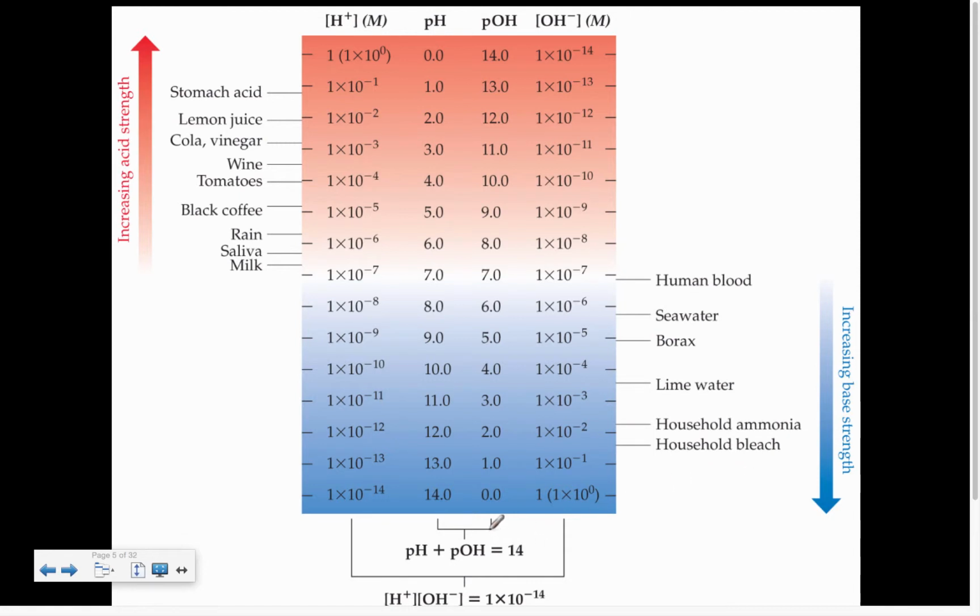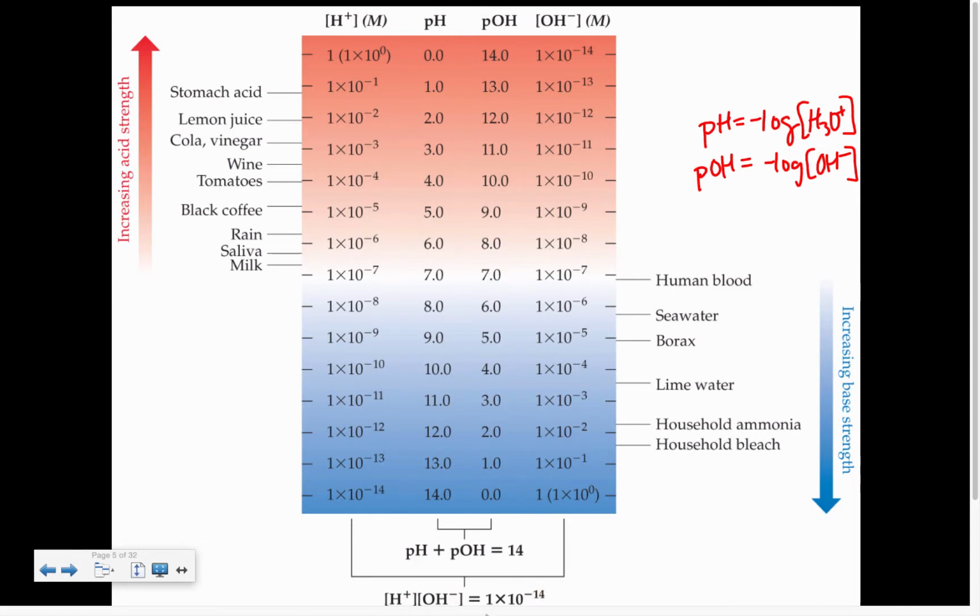Because we know that if pH is equal to the negative log of my H3O+, then I know that, for example, pOH is equal to the negative log of my hydroxide concentration, which then also means that pH plus pOH equals 14, or H3O+ times OH- equals 1 times 10 to the negative 14th.